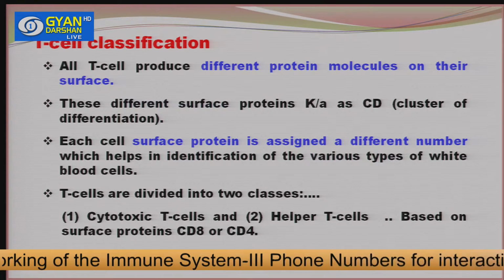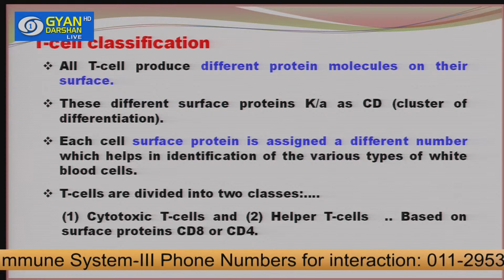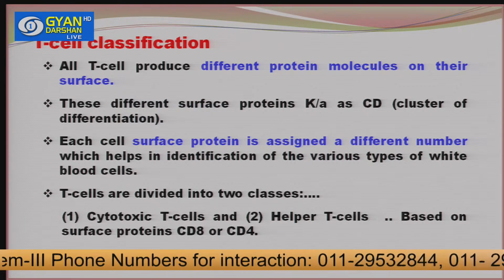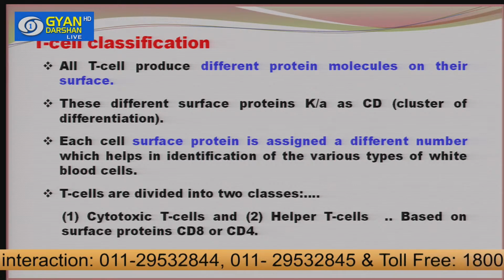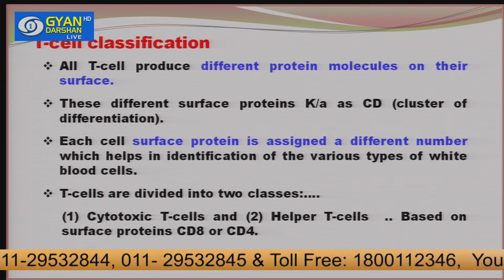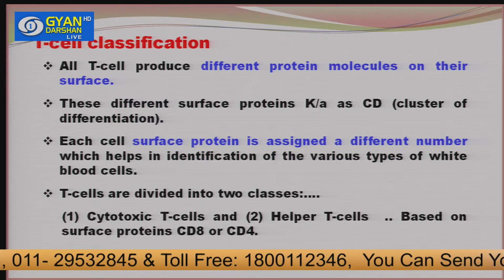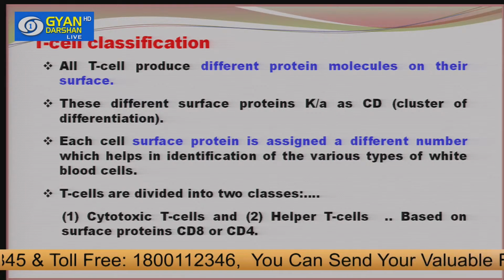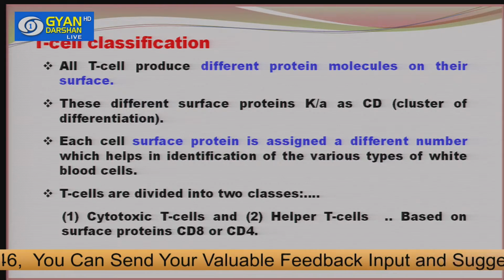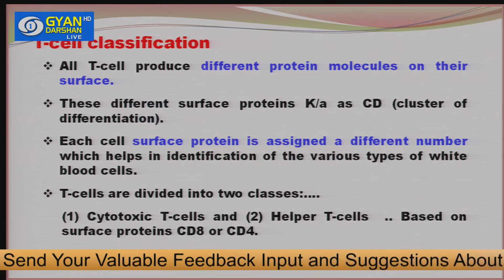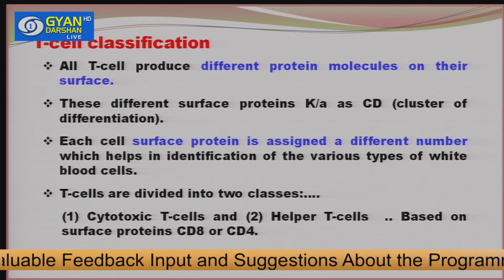CD is cluster of differentiation. It comes in different types like CD40, CD28. So basically these are different surface proteins known as CDs. We can distinguish the different types of cells on the basis of the cluster of differentiation numbers, CD numbers.